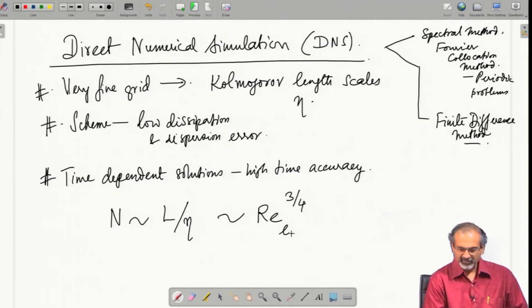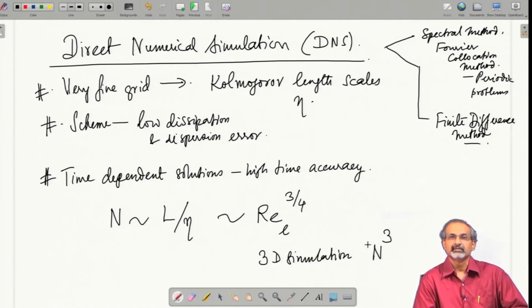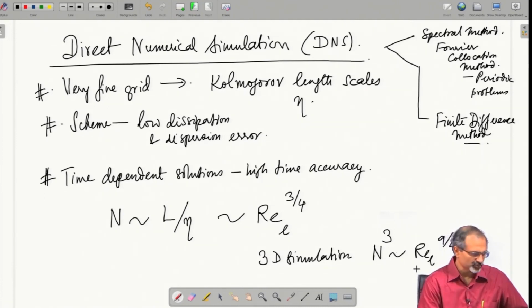And therefore, in a 3D simulation, you can easily estimate that this grid number will scale with N cube, and therefore, Re_L to the power of 9 by 4, which is a huge number usually.